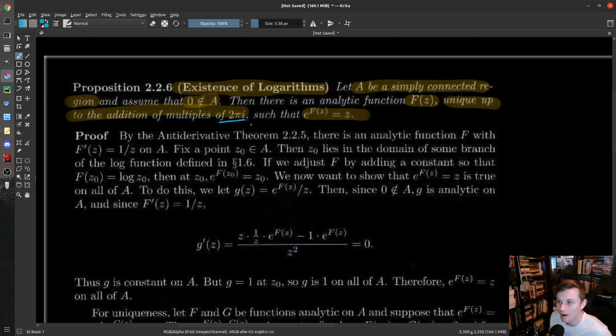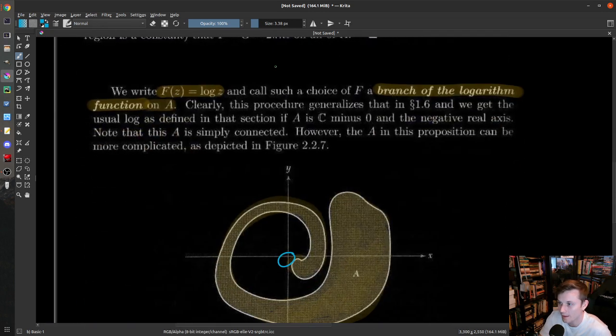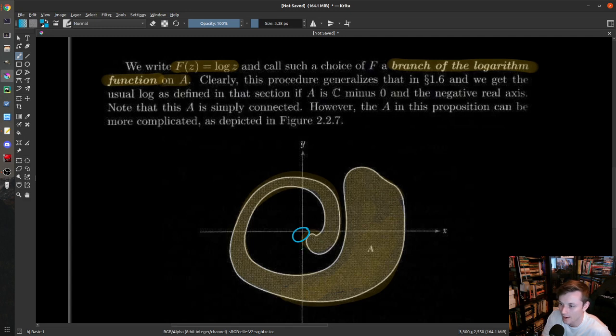This is the same business as before, except now we're giving ourselves more flexibility in what domains we can choose, if that makes sense.